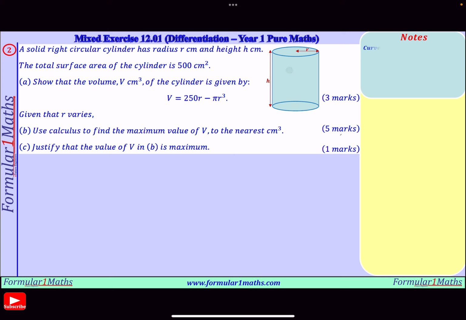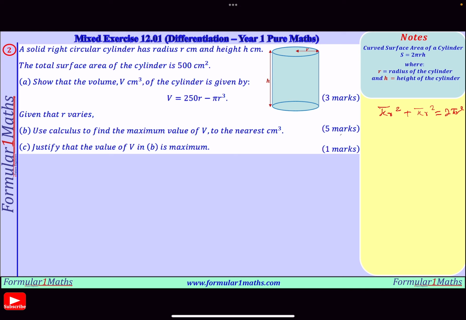But the curved surface area of a cylinder is given by S is equal to 2 pi r times h, or the circumference times the height, where r is the radius of the cylinder and h is the height of the cylinder. So the area of the top is pi r squared, and the area of the bottom is also pi r squared. That will give 2 pi r squared.